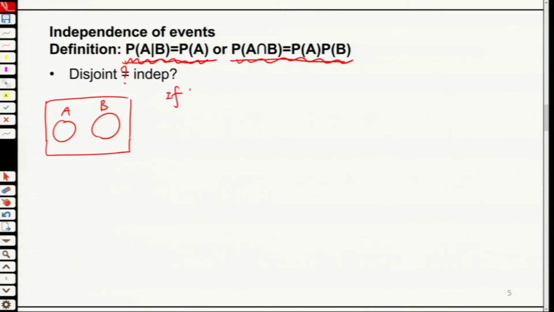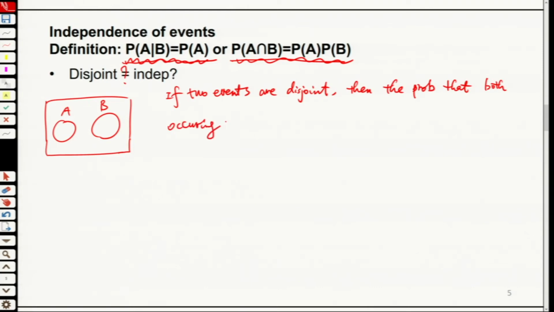So let's think about it. If two events are disjoint, then the probability that both occur, A and B, no intersection, so both occurring at the same time, what is this probability? Yes, 0.